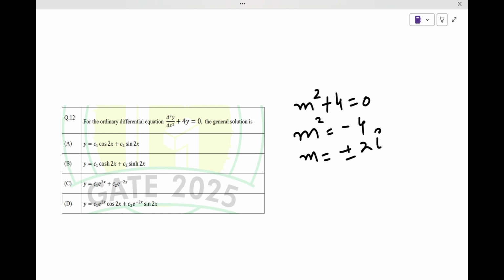So we can write it as 0 plus minus 2 iota. For this complex number, the general solution is e raised to power 0x into c1 cos 2x plus c2 sin 2x.